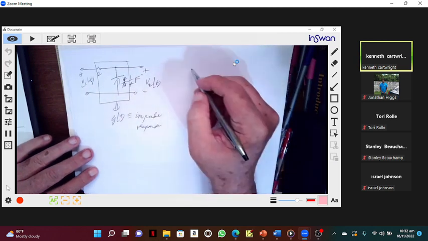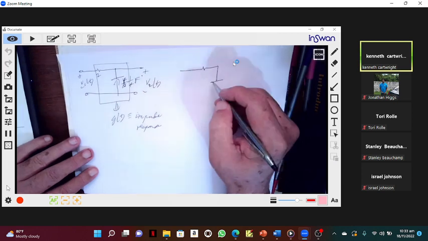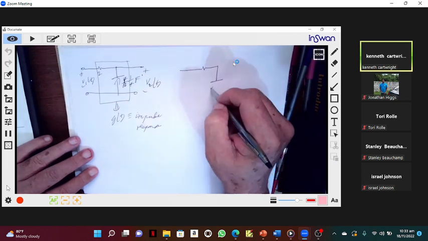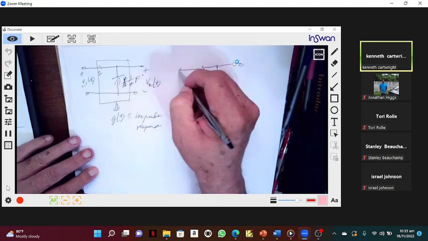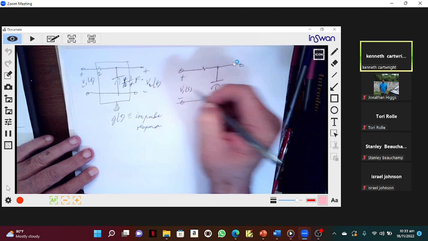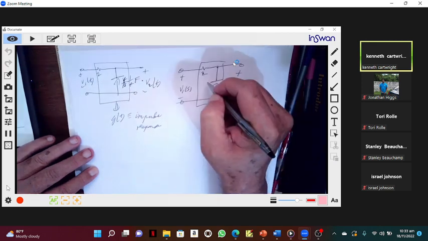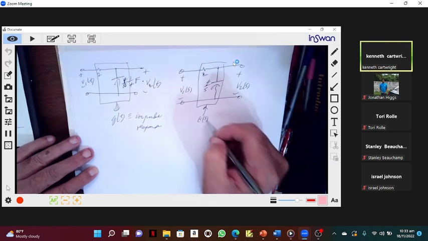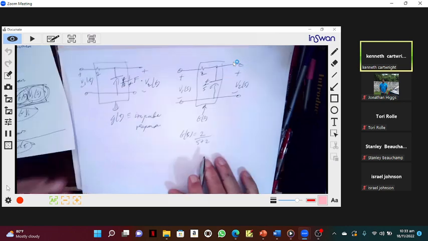Corresponding to this in the Laplace domain, there's G of s, and we have already determined for this that G of s equals 2 over s plus 2. So what's G of t then?